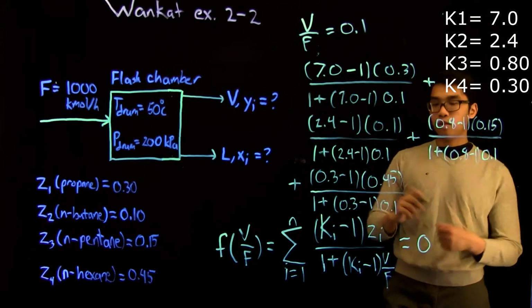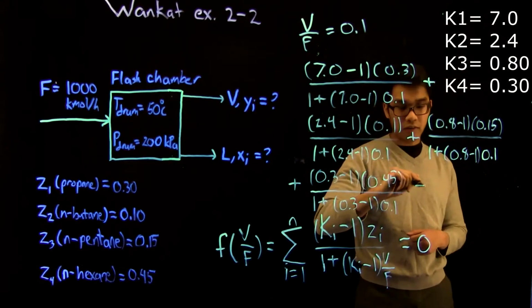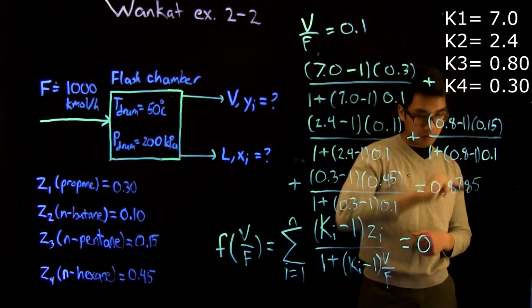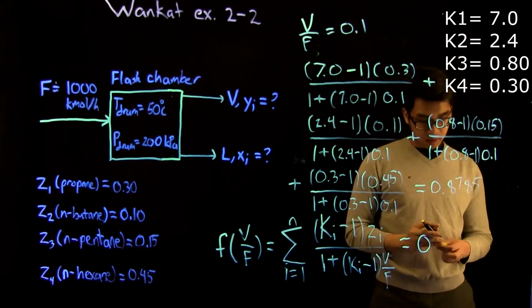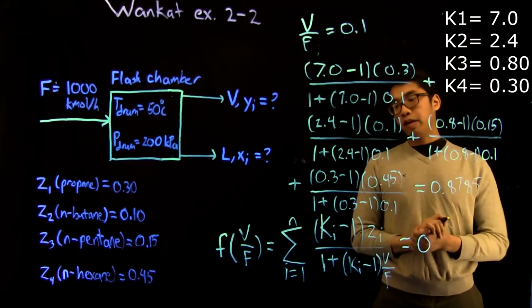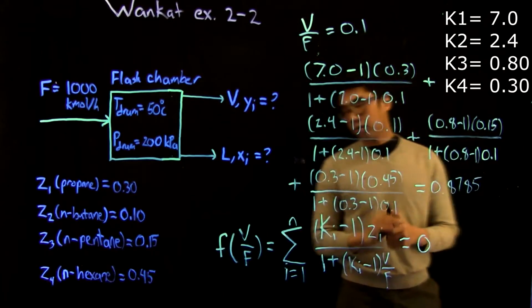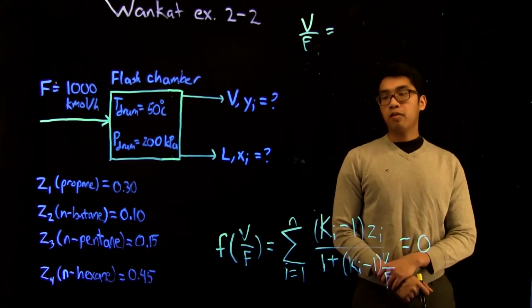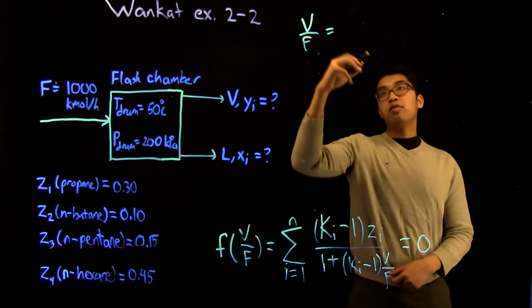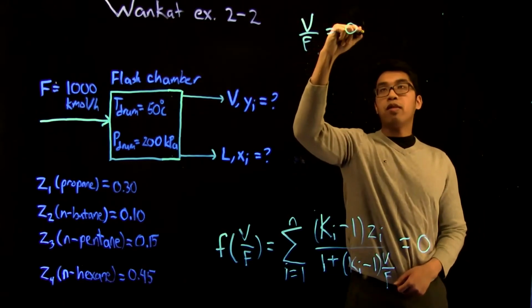When we sum this up, we get a total value of 0.8785. Now, this is positive, so this means that a higher value of V/F is required. So we need to guess a higher value. Once your Rachford-Rice equation has converged, you'll find that your V/F ratio will be equal to 0.51.